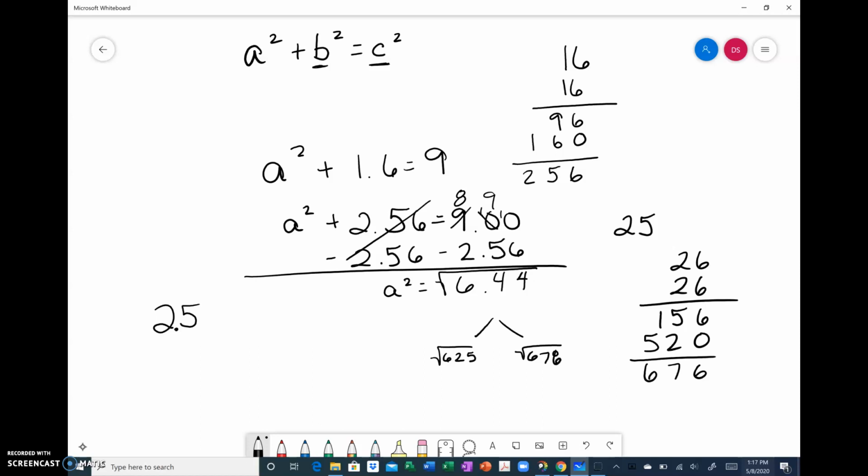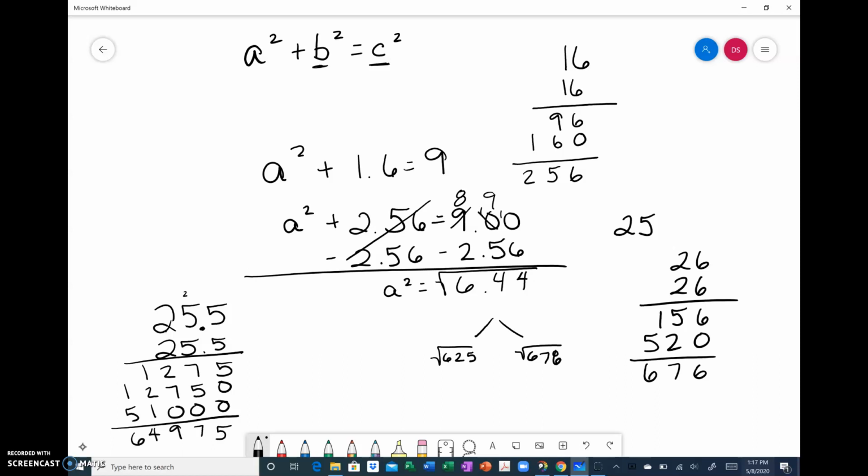All right, I'm going to pick 25, and keep ignoring my decimal so it will seem more similar. 25.5. We'll just do that. All right, and let's see what happens. 649.75.